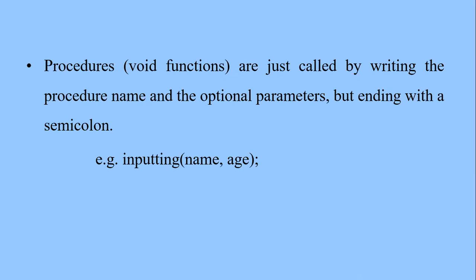If the first parameter was string, then the first argument should be string. If the second parameter was integer, then the second argument for that call statement should be integer, as you can see.